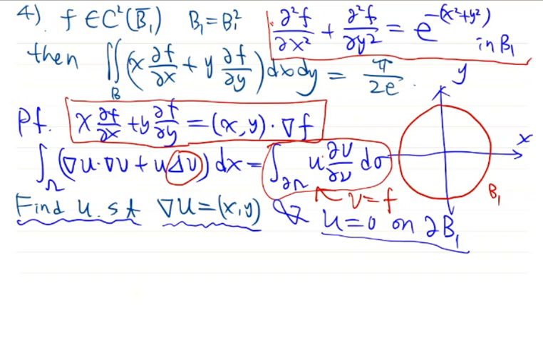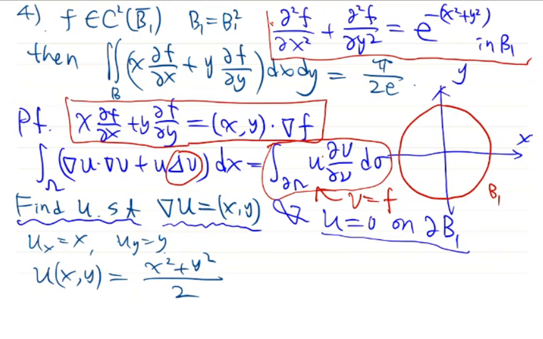Because the gradient of u is (x, y) means that ux is x, uy is y. Obviously, you can try u(x, y) to be x squared plus y squared over 2. Then it satisfies that the partial derivative with respect to x is x, with respect to y is y. But this function does not satisfy our other requirement that it is 0 on the unit sphere.